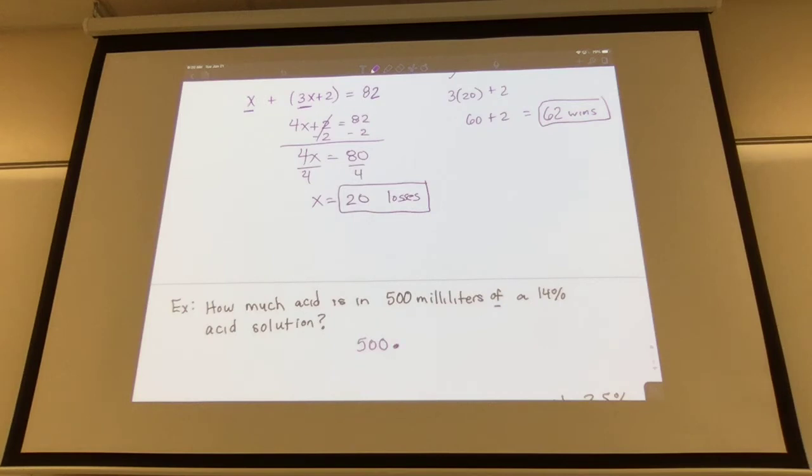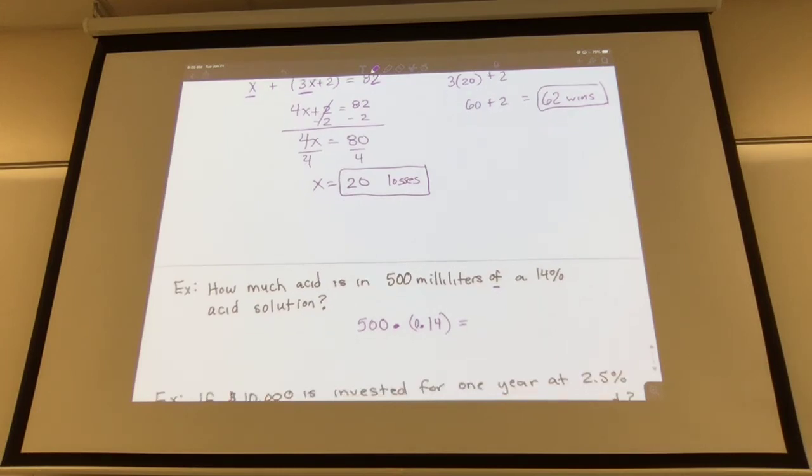Multiply of 14%, but usually when we're making calculations, we don't keep the percent in there, we change it to a decimal, and how do I rewrite 14%? 0.14. Or .14 is accurate as well. So that way when you multiply that out, you're going to get 70 milliliters.